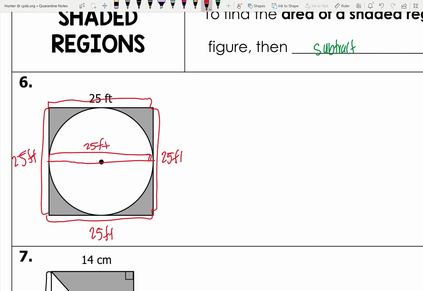But remember, I need to find the area of the circle somehow, and I find area in terms of the radius. So, to find the radius of the circle, we divide 25 by 2, and we get that this is 12.5 feet. So let's find the area of our circle.